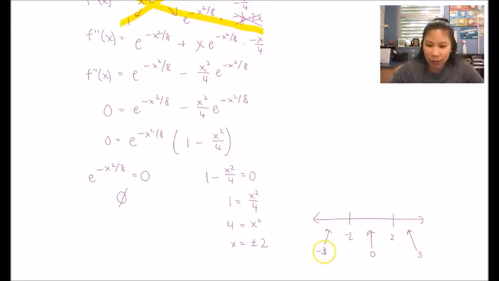And so plugging in my negative 3, remember e to any power, it's always going to be a positive number. It's either e to some power, or e to a fraction. So always positive. And then minus x squared over 4 times that same positive number.